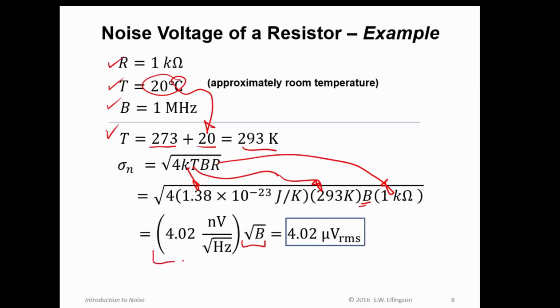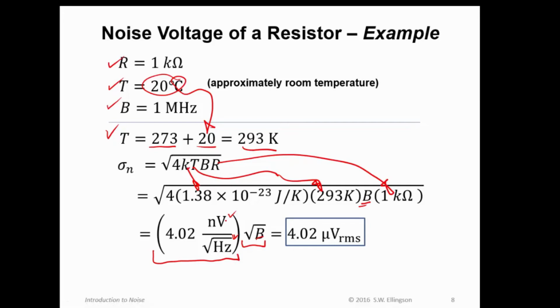And then all the other numbers collapse to this constant, 4.02 nanovolts per square root of hertz. So we can see this is dimensionally correct, right? Because bandwidth is hertz, so I get square root of hertz here, square root of hertz here, and then nanovolts. And nanovolts is what we're looking for.